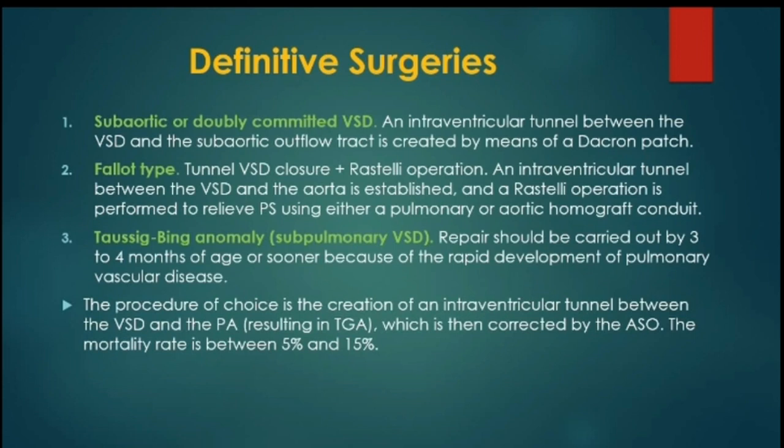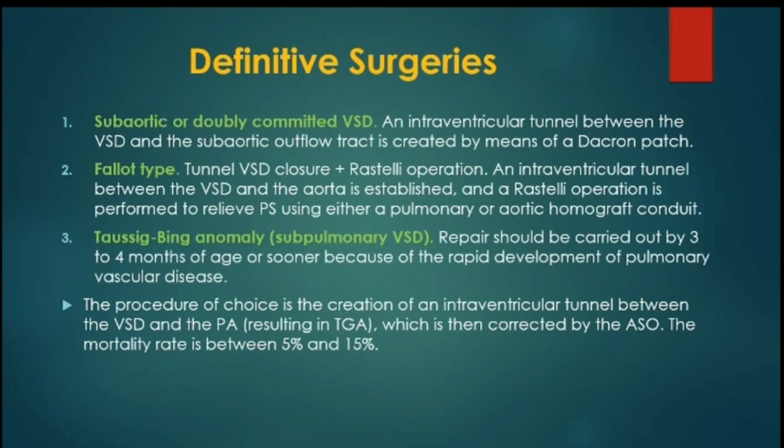In cases of Fallot type, the procedure may be just similar to a Fallot repair by the VSD tunneling and the PS RVOT resection and maybe PS dilatation or transannular patch, or it may be more complex by tunneling the VSD by an intraventricular tunnel between the VSD and subaortic flow, and doing a Rastelli procedure, which is using a pulmonary or homograft valved conduit between the right ventricle and the pulmonary artery to bypass the pulmonary stenosis.